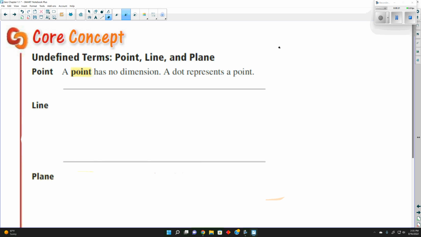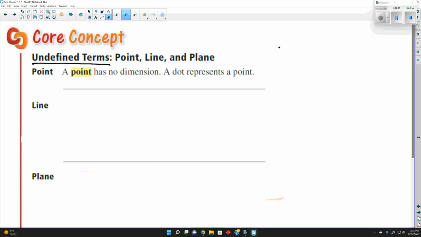But by definition, a point has no dimension. That's why this is one of the undefined terms. Because we understand what a point is, we understand that a dot represents a point, but realistically, we cannot make a point. It's an understanding, a concept that we have, but we cannot actually make it. That is why it's classified as technically an undefined term.